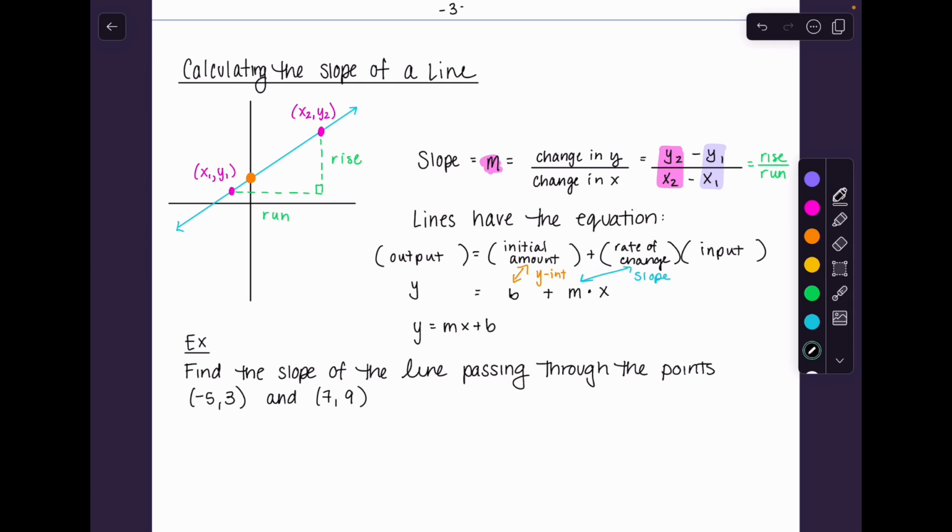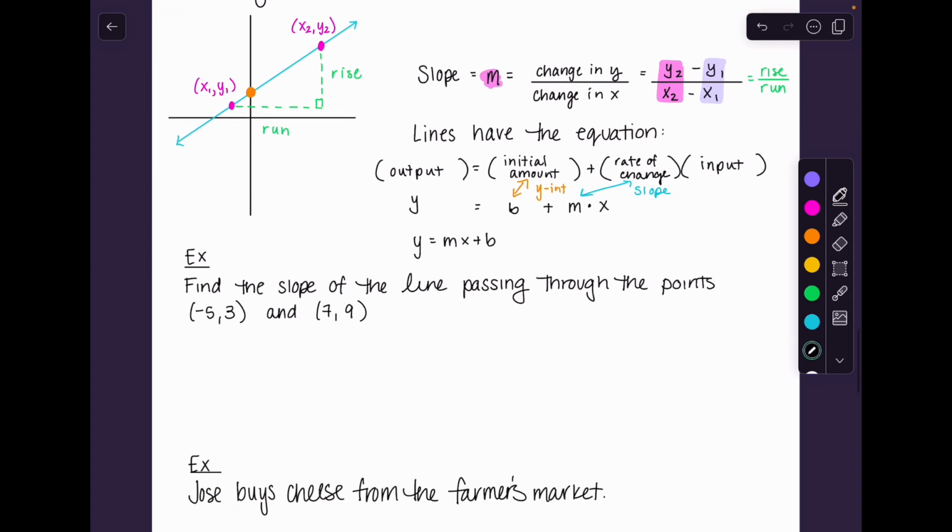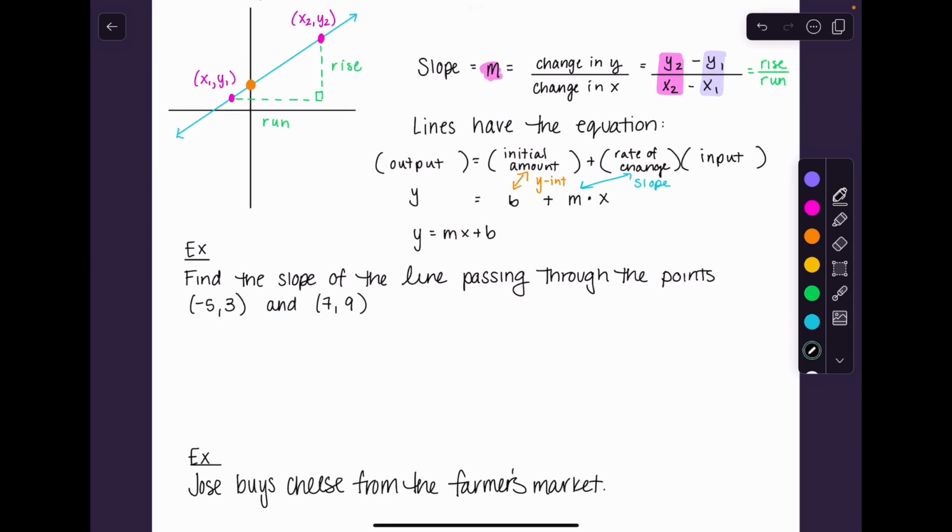Okay. So let's try a couple examples. We're going to start by finding the slope of the line passing through the 2 points. We've got negative 5, 3 and 7, 9. And I'm going to do this 2 ways because it really makes no difference which one you put first. Typically what happens is you see this first point and you call this one immediately x1, y1. And then the second point is x2, y2.